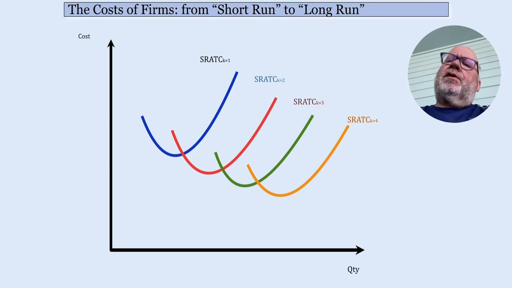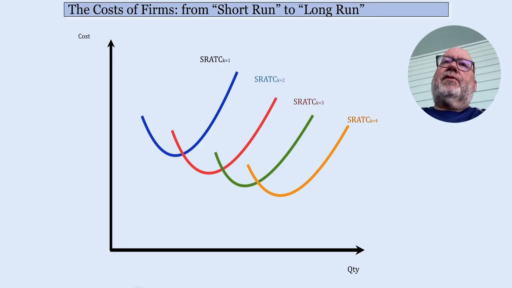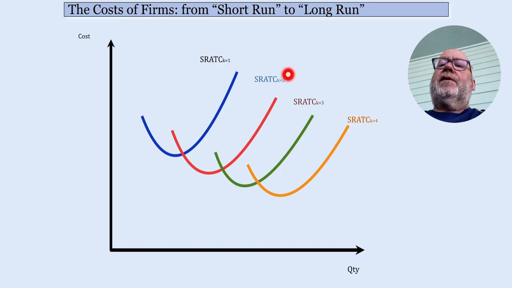So what would happen if a firm was in the short run is that it could move along one of those curves. But let's say we're on the first one here, and the idea is that in the long run you can move onto any of these curves. You can vary the amount of capital.